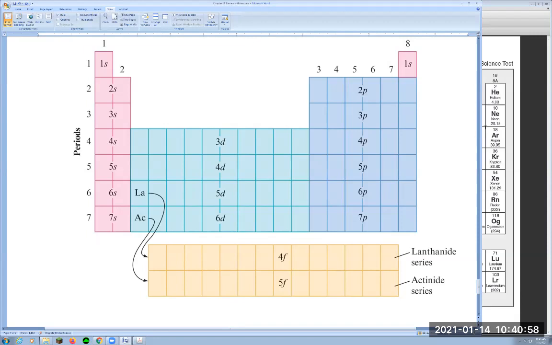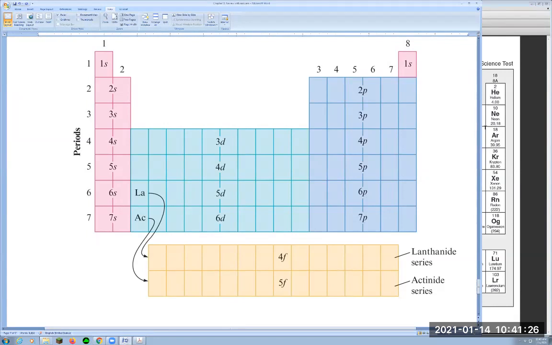There are 2 columns in the S block because you can put 2 electrons maximum in an S orbital, right? Remember how the S orbital is just one spherical orbital, and because you can put 2 electrons maximum in an orbital, 1 and 2 columns or groups to put 2 electrons in the S orbitals. So whenever you are there, it's when you are filling the S orbital.